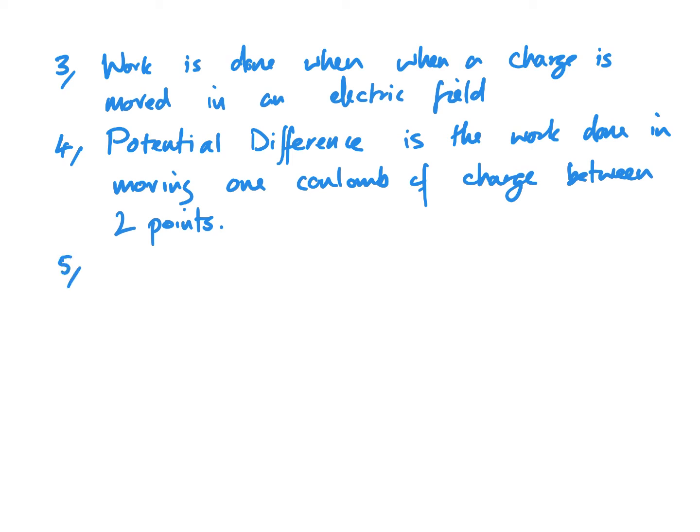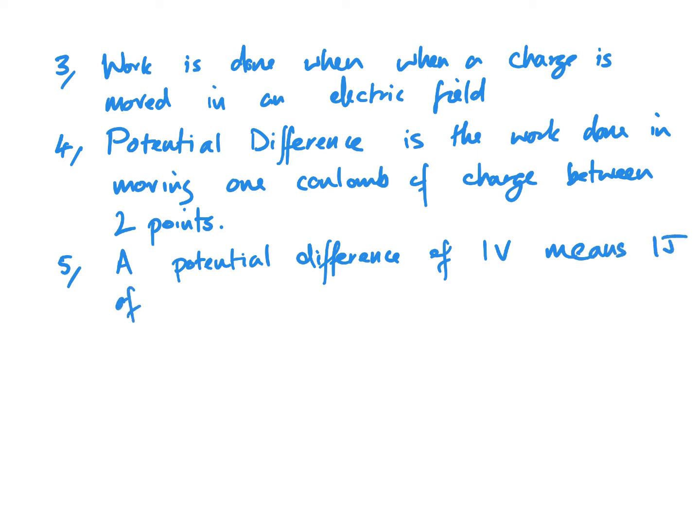Linked to this, we also use it to define the unit. So a potential difference of 1 volt means 1 joule of work is done in moving 1 coulomb of charge.